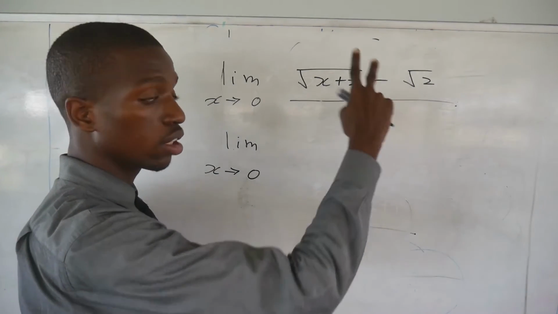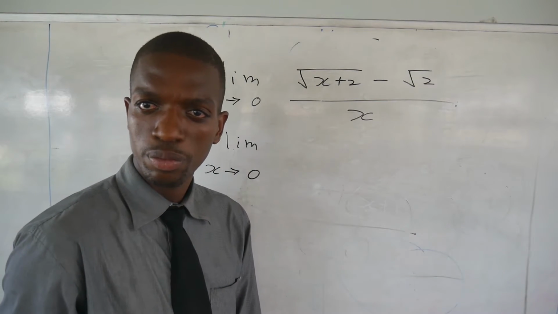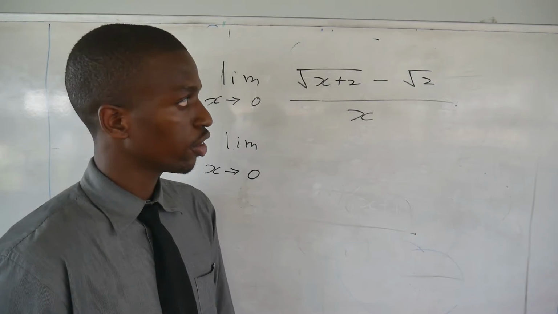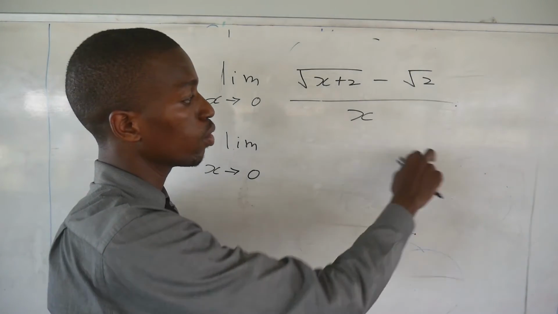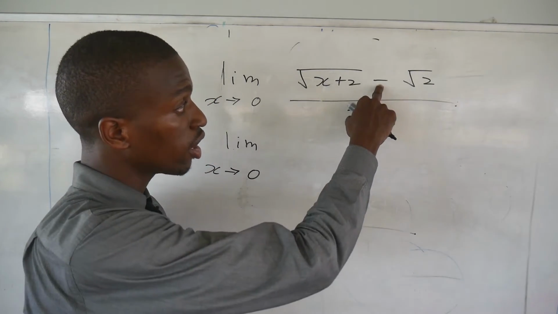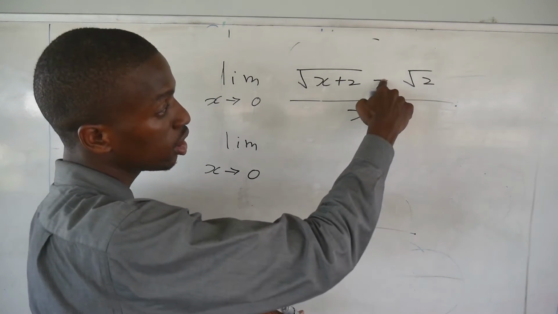When you have surds, I am sure you should be comfortable with rationalizing surds. Especially when this is at the bottom, you multiply the top and the bottom by the conjugate of this. Conjugate just meaning change the second sign.